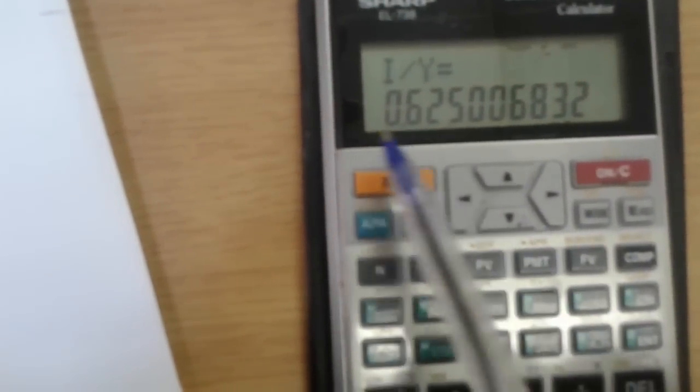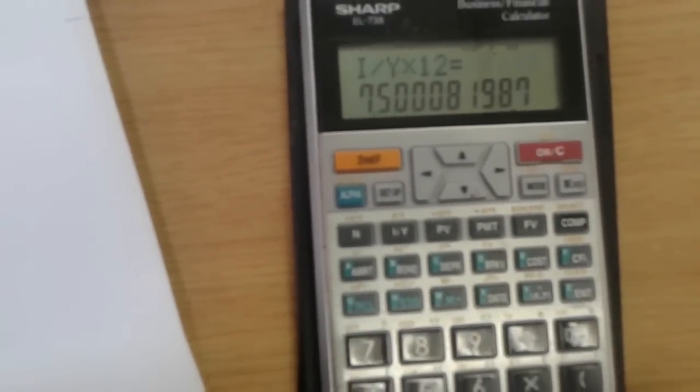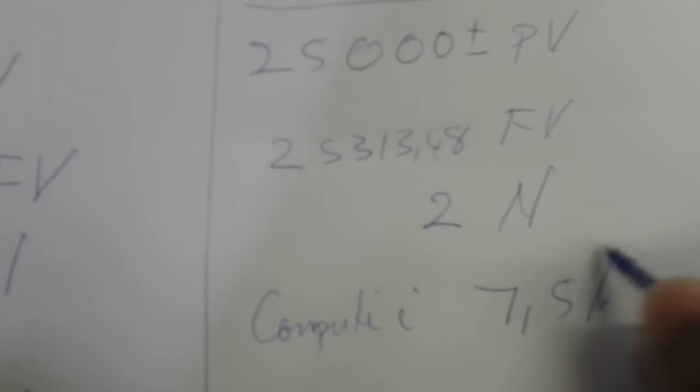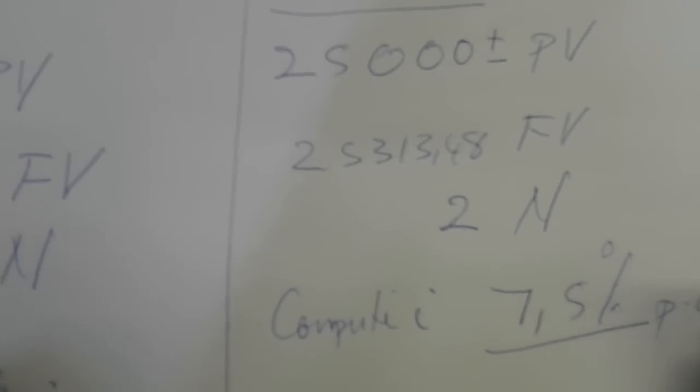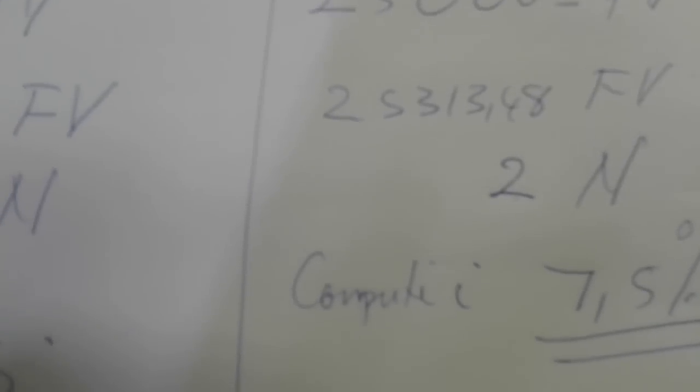You see, this is your monthly rate. So to make it annual, you multiply by 12, and you get 7.5%. There you go. So this is a nominal rate. But remember, we are not looking for the nominal rate. We need to continue. They want you to calculate interest earned by the investment at the end of month 16.